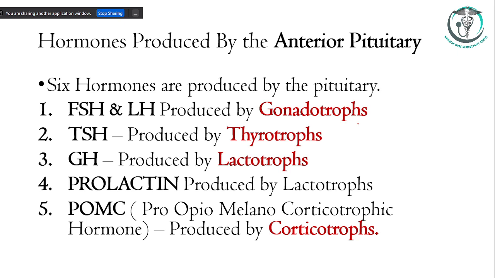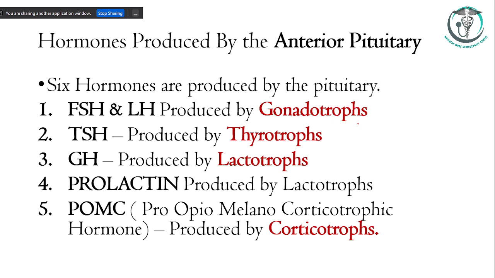Okay, then you also have this hormone here, which is known as POMC, pro-opiomelanocortin. Remember what I talked about when I was talking about melatonin and ACTH. I said corticotropin releasing hormone comes from the hypothalamus.